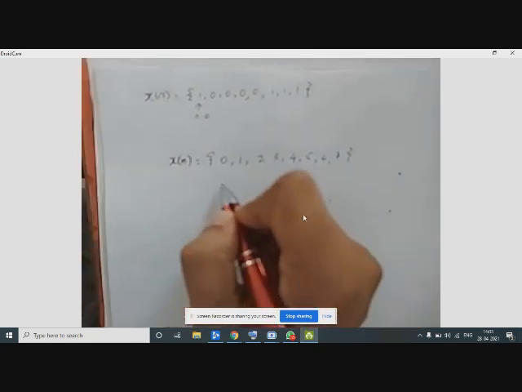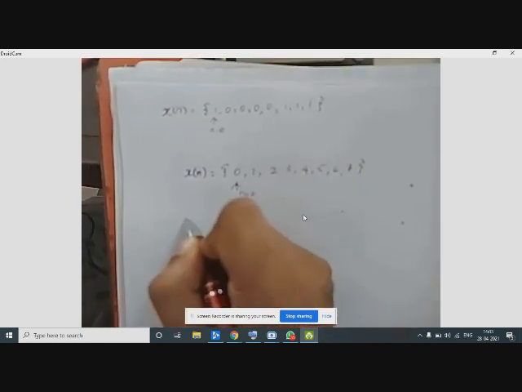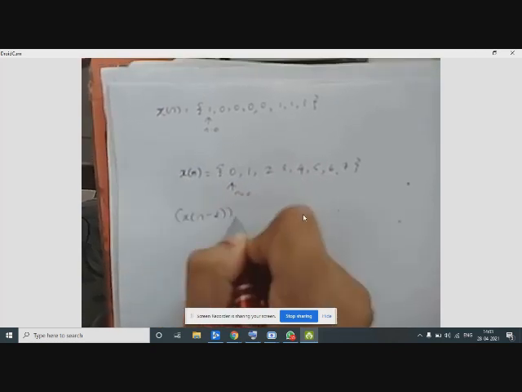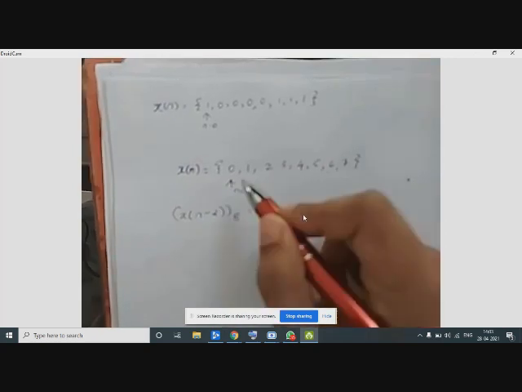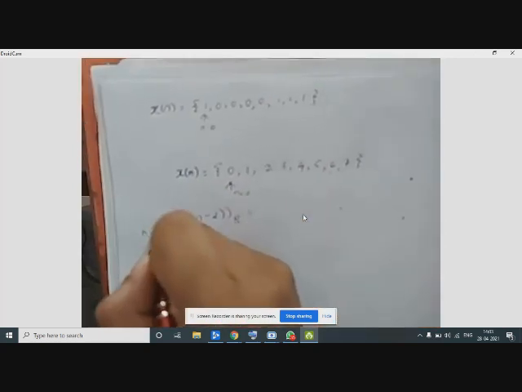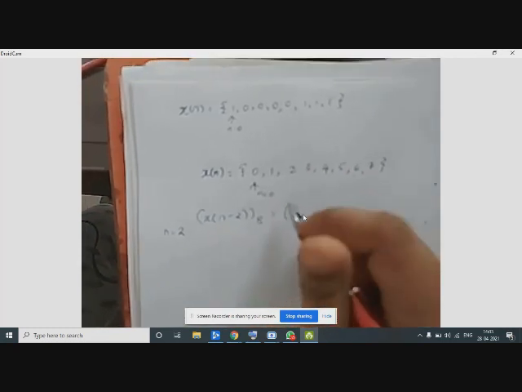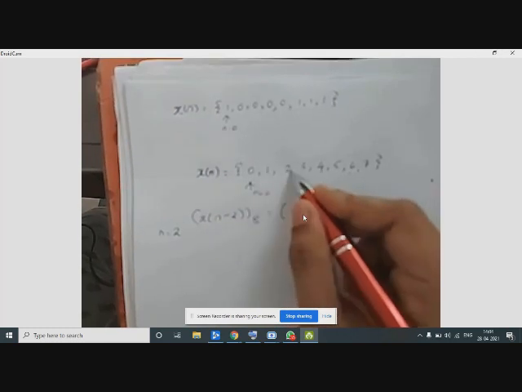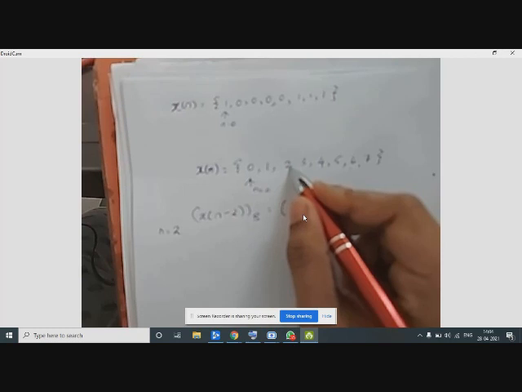Okay. So this is 0, 1, 2, 3, 4, 5, 6, 7, right? This is at n equal to 0. So what I was telling you is x of n minus 2. Since there are 8 values, you will write it like this. So n minus 2 means what? The value at n equal to 0 will appear at n equal to 2, right? That means 0, 1, 2.